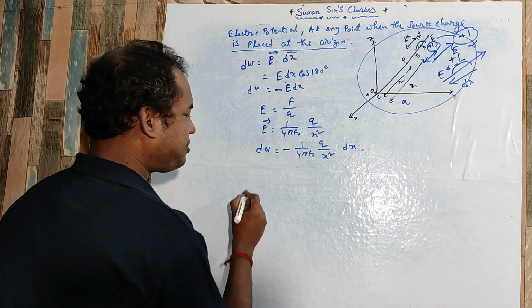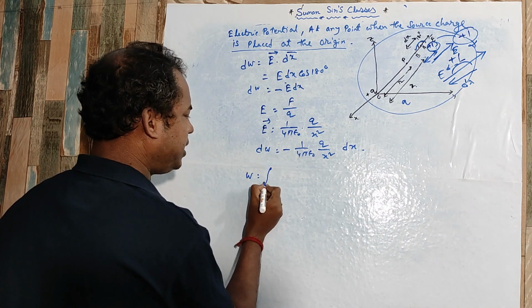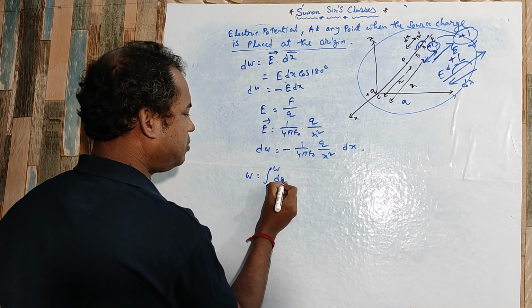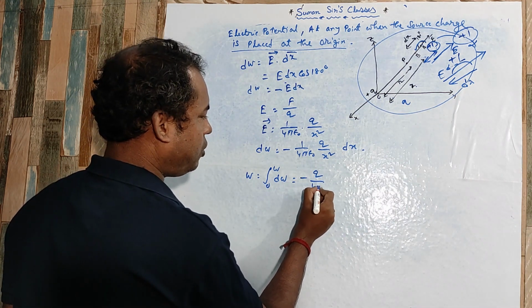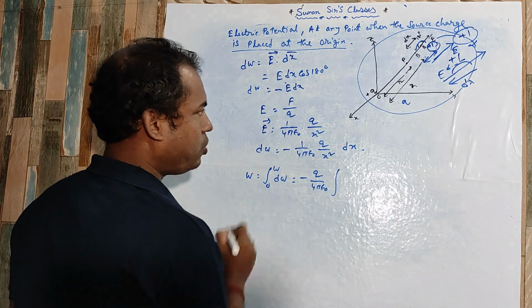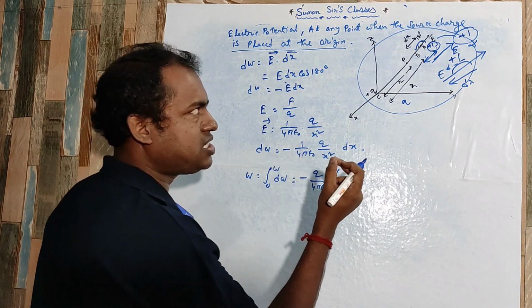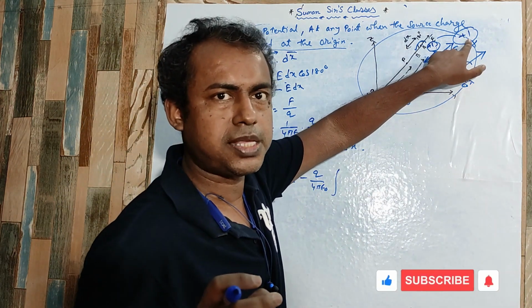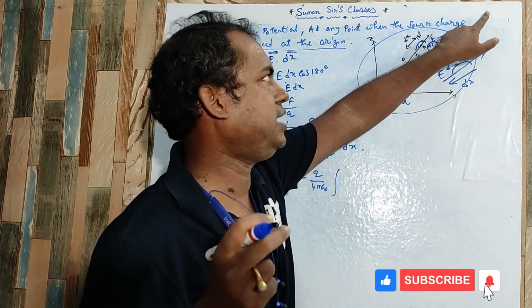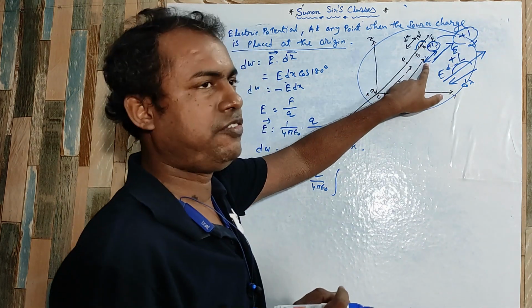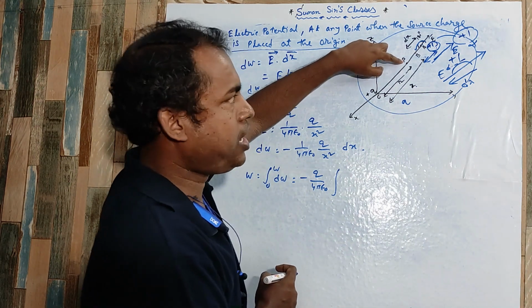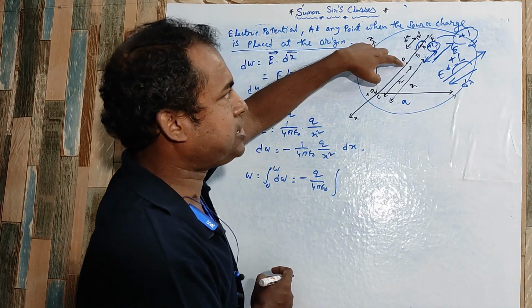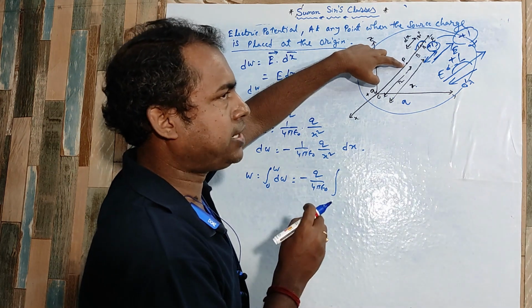So the total work done we have to find out. So W equals the integration of dW, minus Q by 4 pi epsilon naught. Now this plus 1 charged body is moving from which distance? It is moving from infinite distance to the specific point, that is the point P, where we want to find out the electric potential.